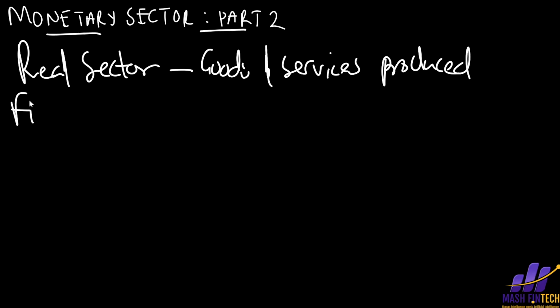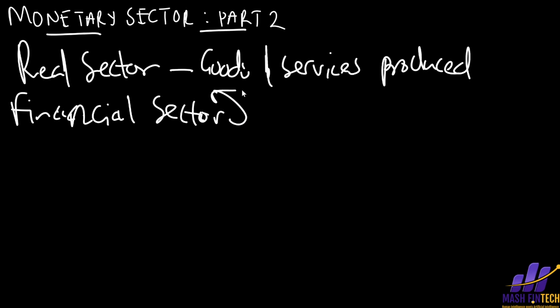The financial sector is a sector in which financial transactions occur, but these sectors are linked. Whatever happens in the real sector is affected by what happens in the financial sector. As you learn more economics, you're going to realize that almost all the crises that we've had in the real sector started from the financial sector, and then they spilled over to the real sector.